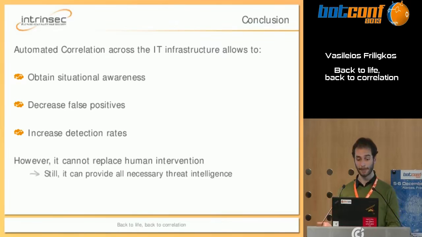On top of that, it can help us decrease the false positives by correlating multiple events together, so we are not based on one single event, but multiple events. And as we saw, also increase detection rates by helping us detect more complex patterns of attack and infection.